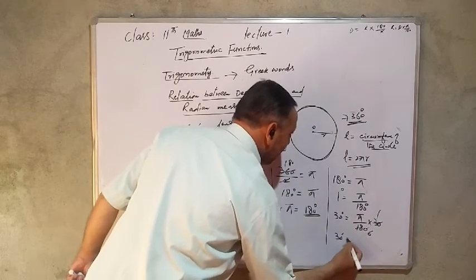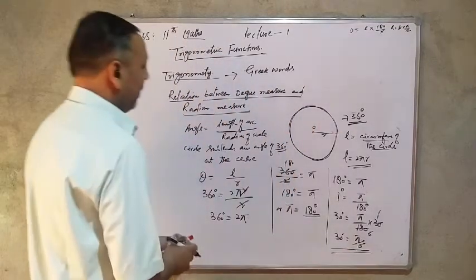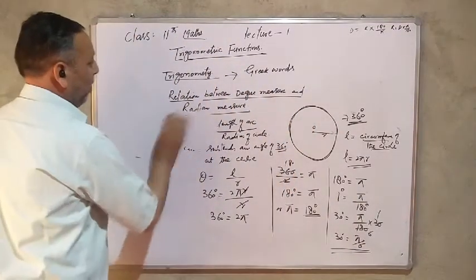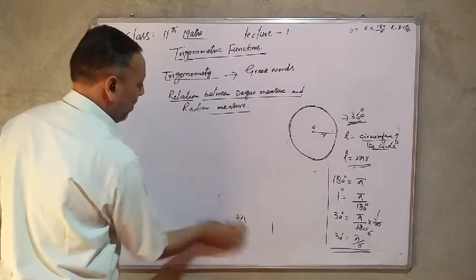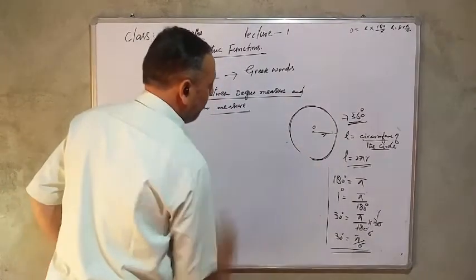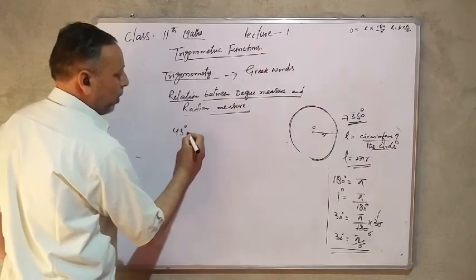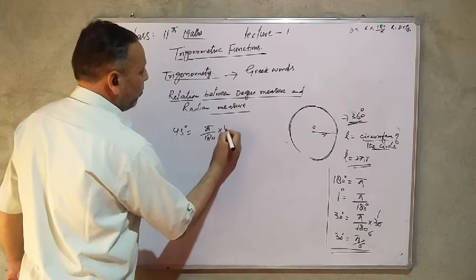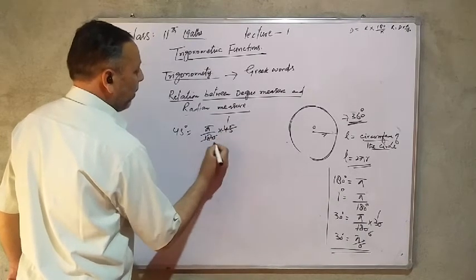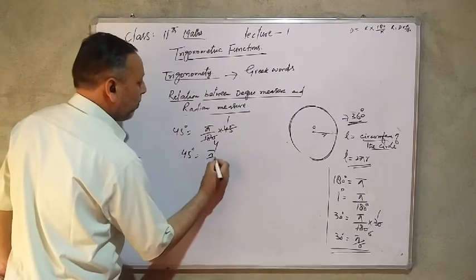That means 30 degree is equal to pi by 6. What about 45 degree? 45 will be pi by 180 into 45. 45 fours are 180. So 45 degree will be pi by 4.